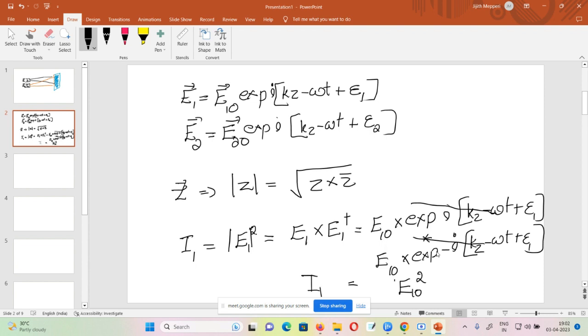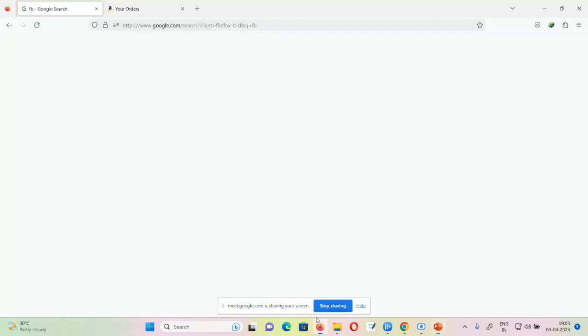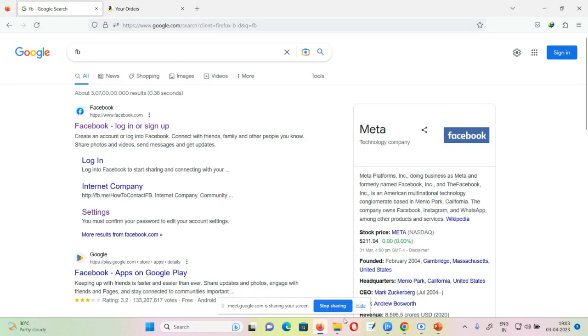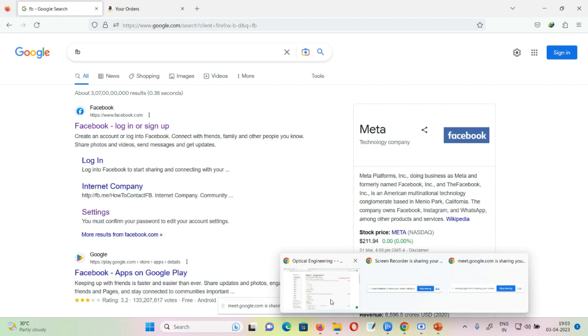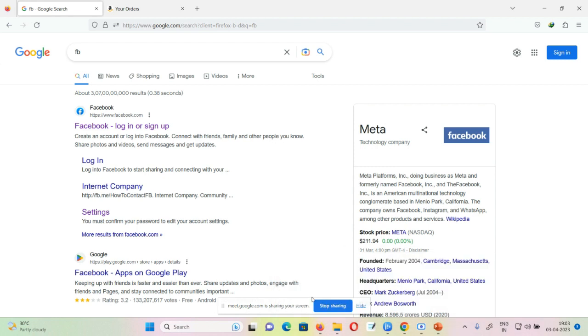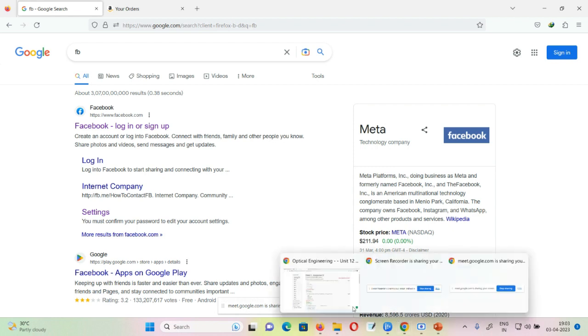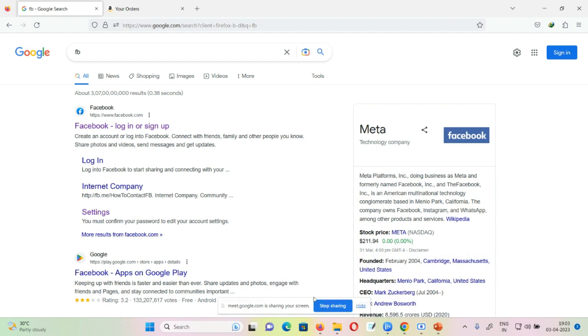So intensity I1 will be equal to E1 square, and that will be equal to E10 square. Okay. You're hearing now? Yes, sir. Any doubt in that one? No, sir.